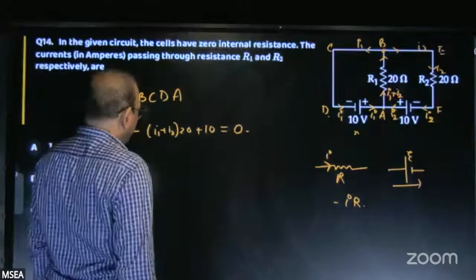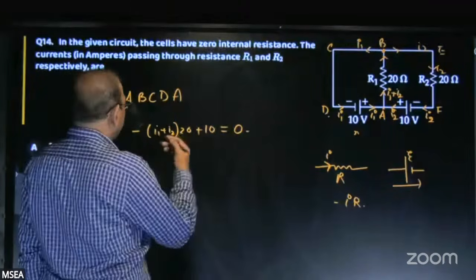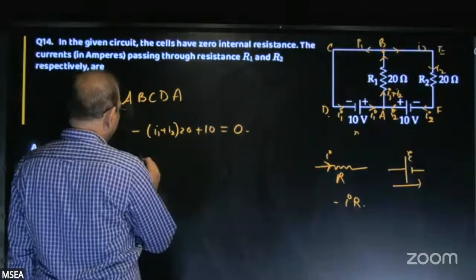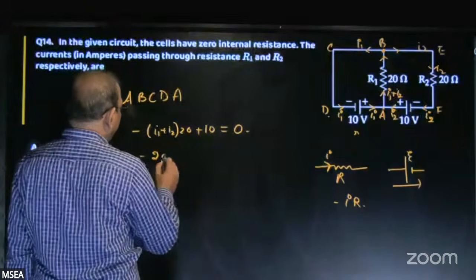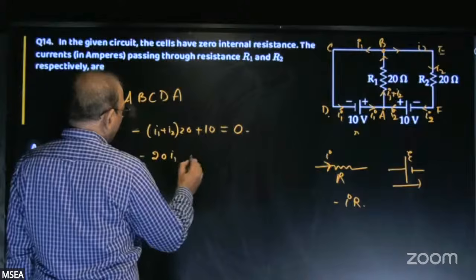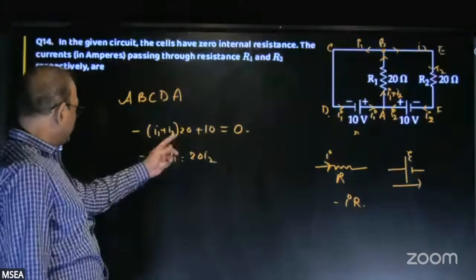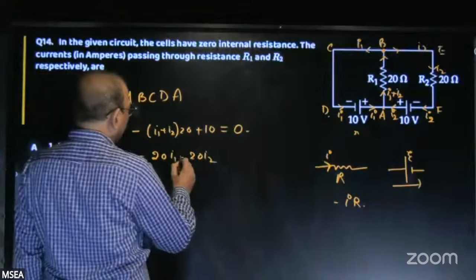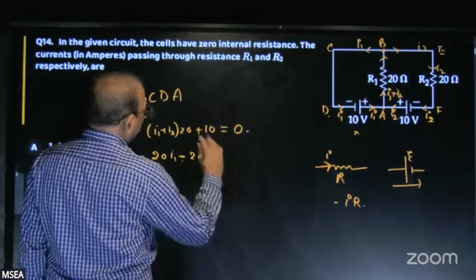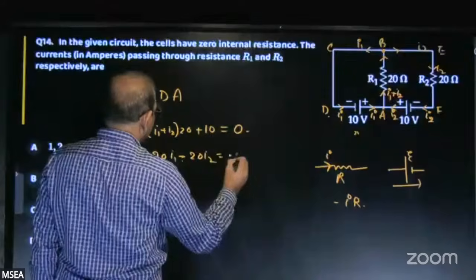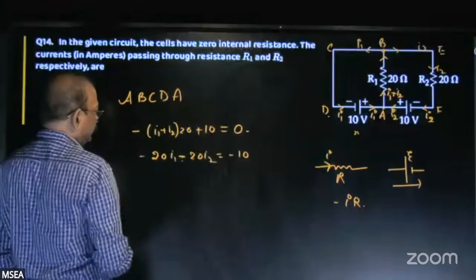Now, minus 20I1 minus 20I2 minus 20I1 minus 20I2 plus 10. Taking the plus 10 to that side, it is minus 10.